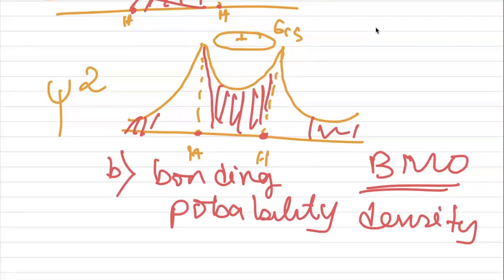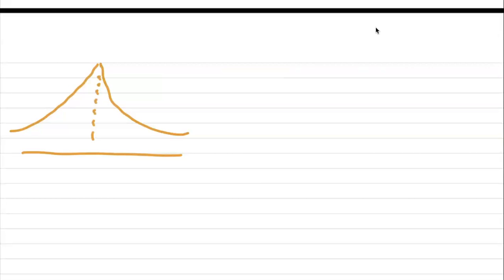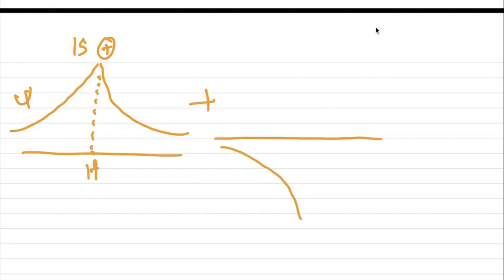If I consider the formation of the non-bonding MO, one more graph we have to draw. So this is for 1s positive chi, this is hydrogen, plus this is for 1s negative.